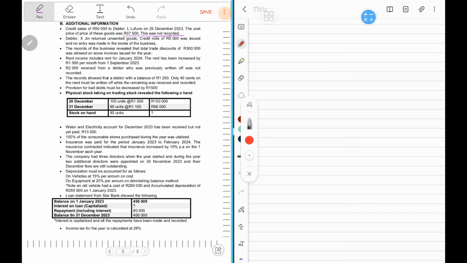Okay, then on bullet number 2, we're being told that debtor X Gene returned unwanted goods. Then a credit note of 5,000 was issued and no entry was made in the books of the business, meaning that in our accounting books we did not record this one. So each time a debtor returns unwanted goods and we don't record it, then obviously sales will decrease, cost of sales will decrease, then trading stock will increase.